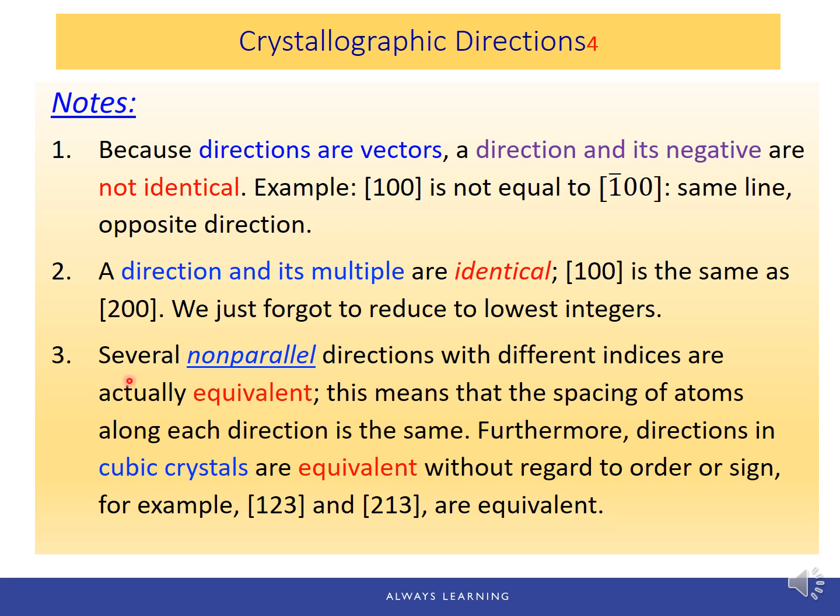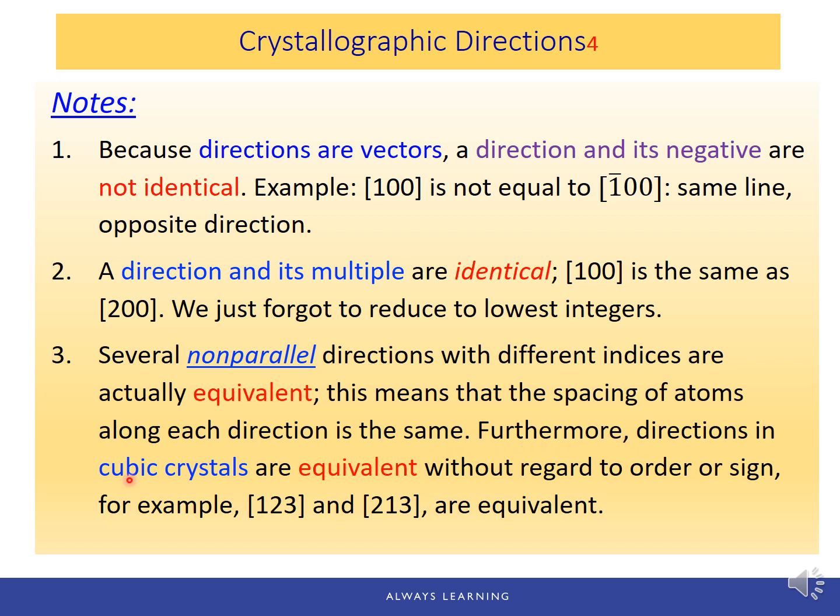And number three, several non-parallel directions with different indices are actually equivalent. This is the family of directions. They are equivalent, but they are not identical. Equivalent means the spacing of atoms along each direction is the same.